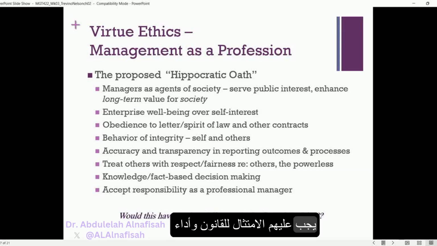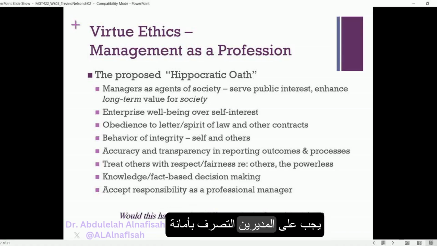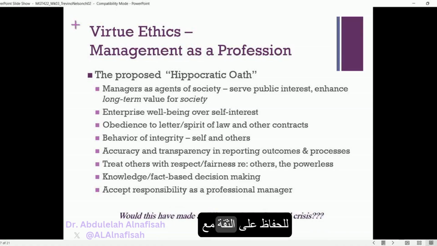They must obey the law and fulfill contractual obligations to build trust and accountability. Integrity is essential. Managers should act honestly to maintain trust with stakeholders. Transparency and accuracy in reporting are crucial for credibility, and treating others with respect, especially marginalized individuals, is a key ethical responsibility.